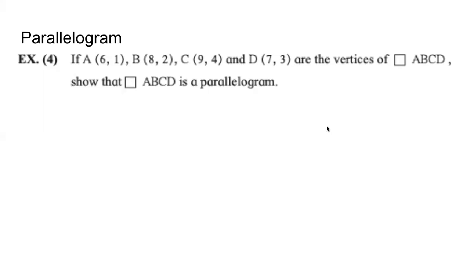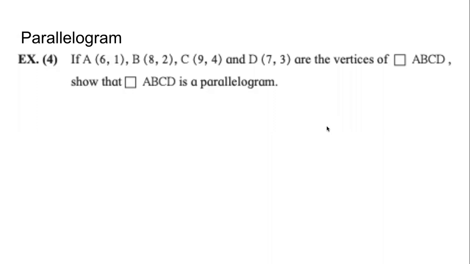That 4 points are 6, 1, 8, 2, 9, 4, and 7, 3. They are said to be the vertices of a quadrilateral ABCD. Banega na? There are 4 points, so we can make a quadrilateral. We have to prove that it's a parallelogram, or we can also find out whether it is a parallelogram or not.